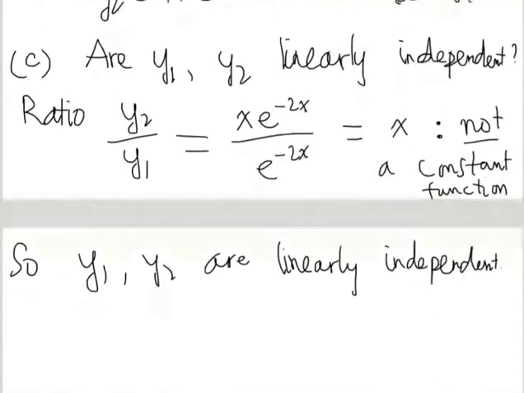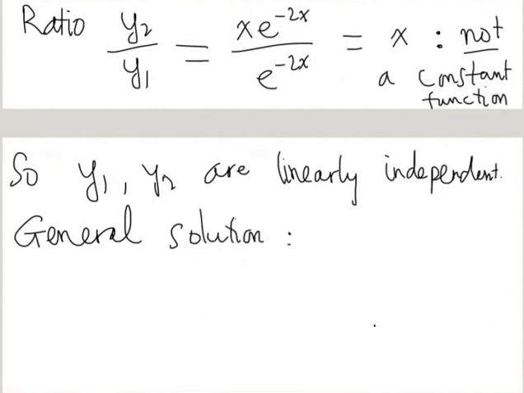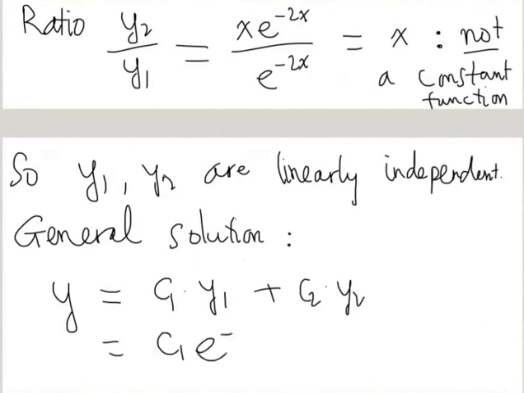And because of the theory, whenever we have two solutions that are linearly independent, they generate every other solution. So we have the general solution y equal to c1 y1 plus c2 y2, which is in this case c1 e to the minus 2x plus c2 x e to the minus 2x.